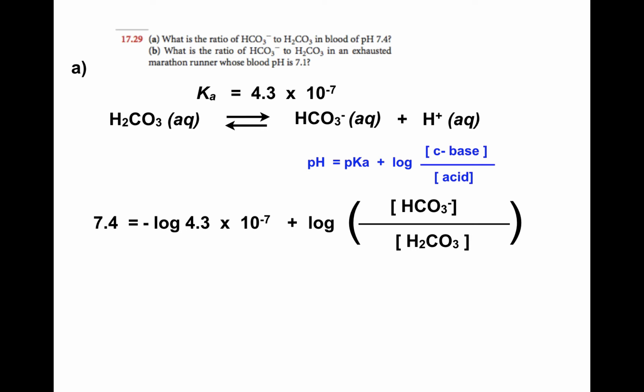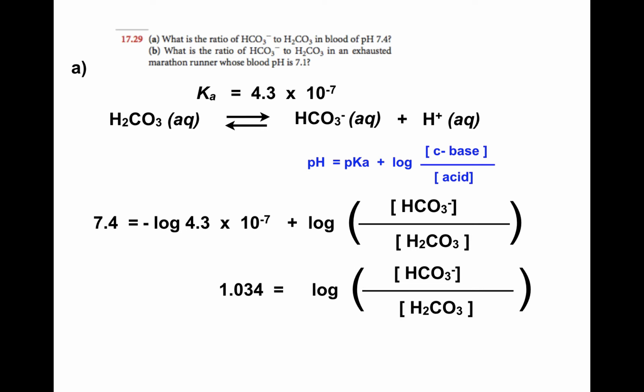Subtract that from both sides, and then take both sides to the base 10 to get rid of the log. And I solve for what the mole ratio has to be. I need 10.8 moles of the hydrogen carbonate to 1 mole of the carbonic acid to get a buffer at a pH of 7.4.